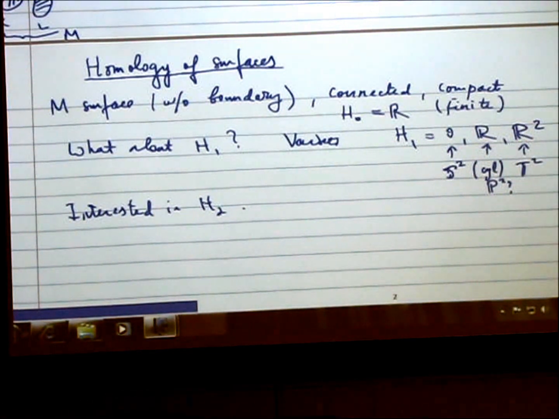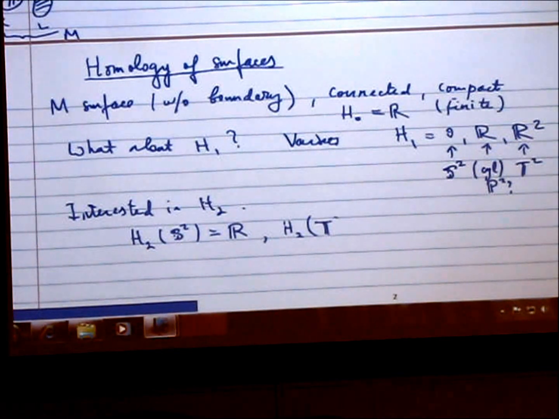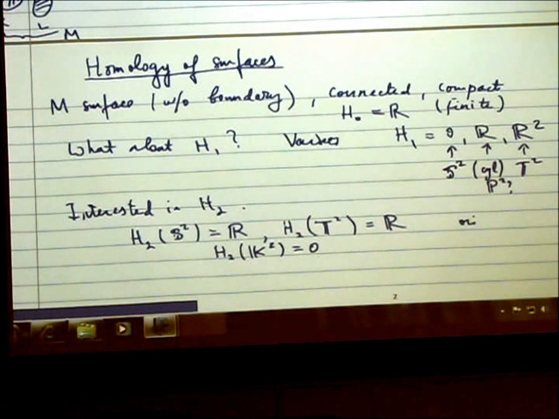The answer is basically the same, except now orientability matters. H2 of the sphere is equal to R. We did that. H2 of the torus, I'm not sure we did it, but it is also equal to R. But if you take H2 of the Klein bottle, it is equal to 0. So that is the difference.